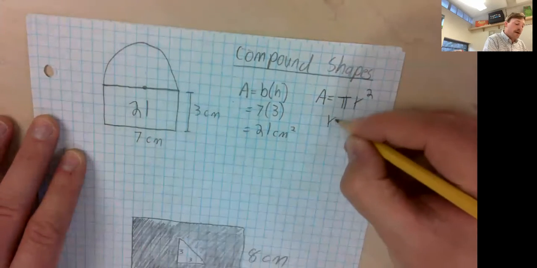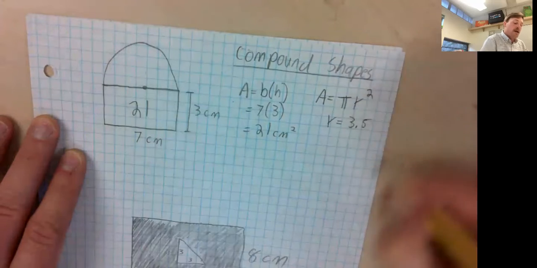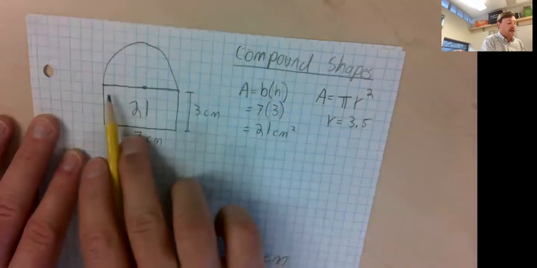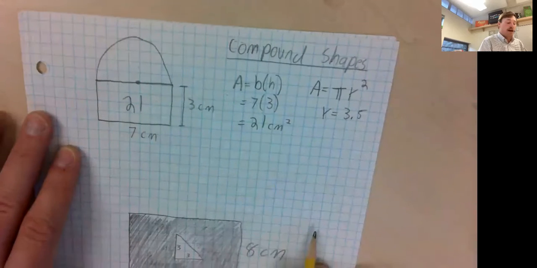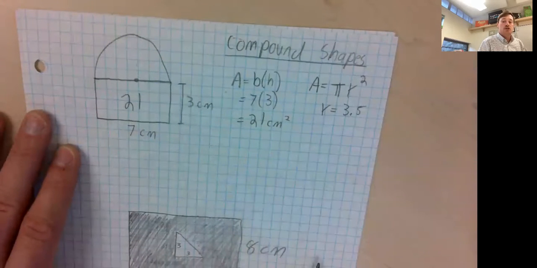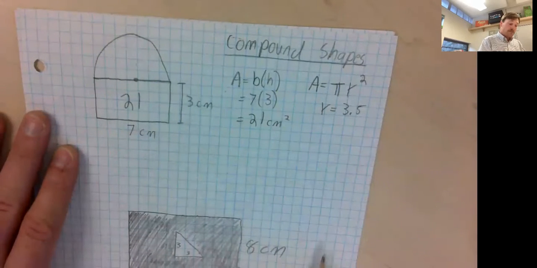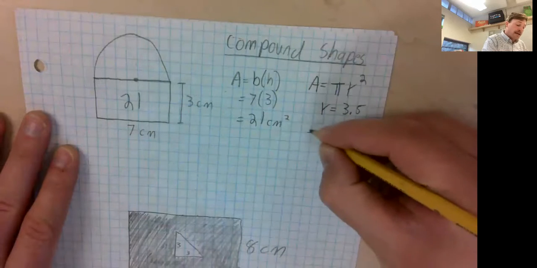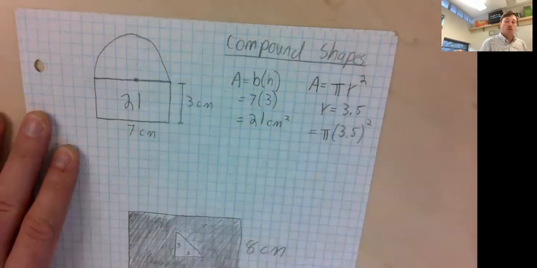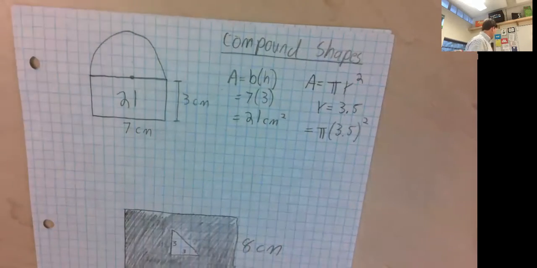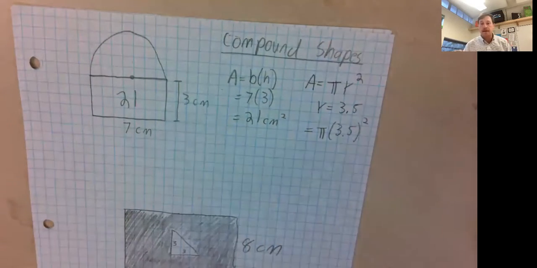So right off the bat, we had to put our thinking caps on and really think, okay, if the diameter is 7, half of that is the radius, 3.5. So I'm going to plug that into my formula here. And I'm going to get pi times 3.5 squared. Okay, we're going to get a big number here. Now, I wasn't prepared. Got my calculator now.